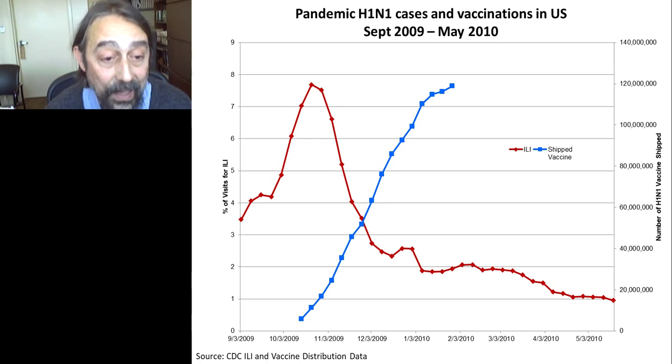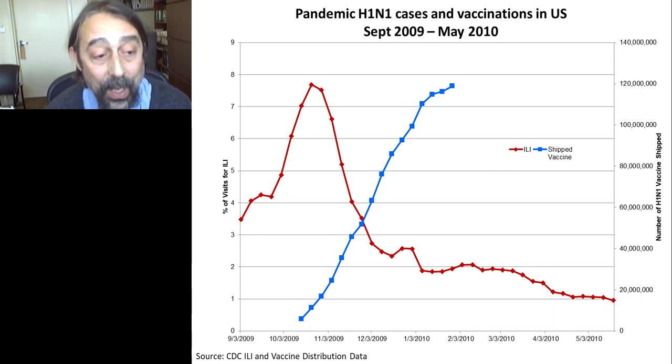We knew how to make a vaccine, but the vaccine was ready to vaccinate people at the time in which the first wave had already gone down. So the vaccine didn't make any impact in the first wave of the pandemic H1N1. It was helpful for the second wave, but not for the first.